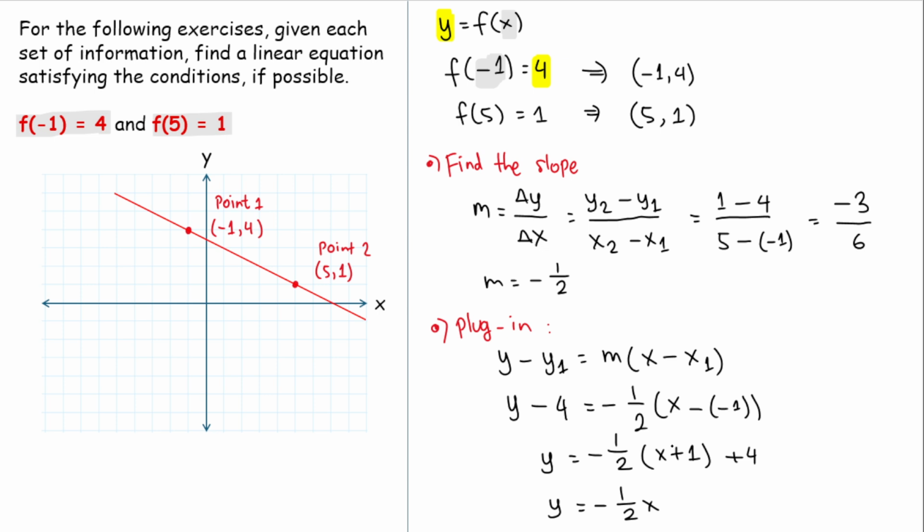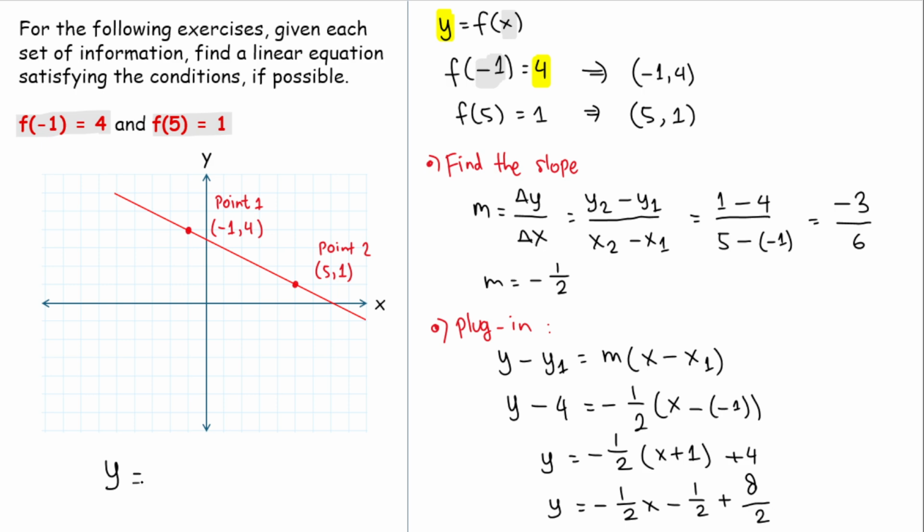So let's distribute this. And then we also have minus 1/2 and then plus 4. But 4 is 8 divided by 2, right? So let's rewrite that as 8 over 2. And then we can simplify that.